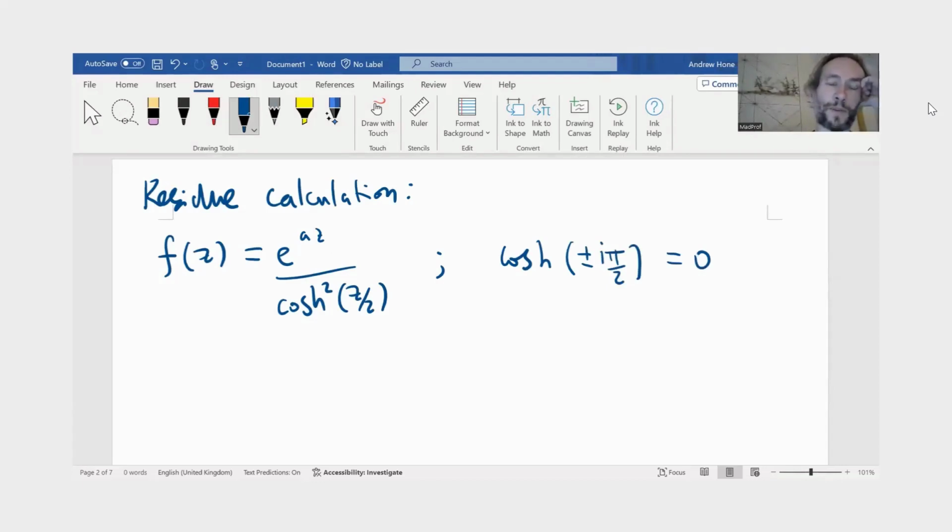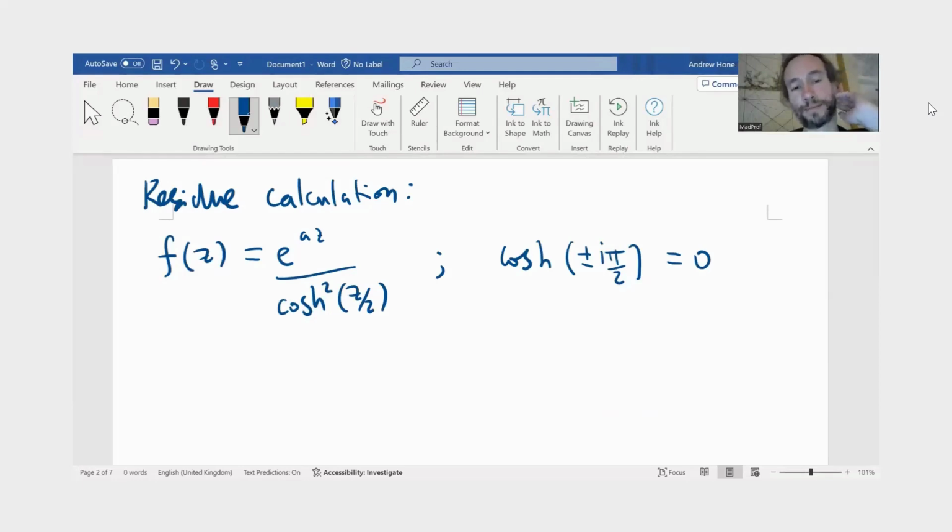So hyperbolic cosine has a simple zero at each of those points. That's the same as the fact that the cosine has a simple zero at plus or minus pi over 2. So actually what that means is that the cosh squared on the bottom has a double zero at those points.